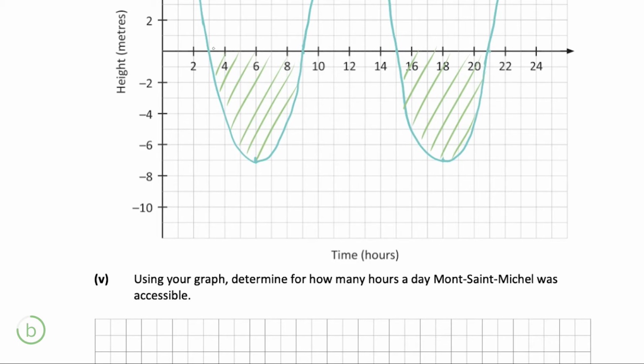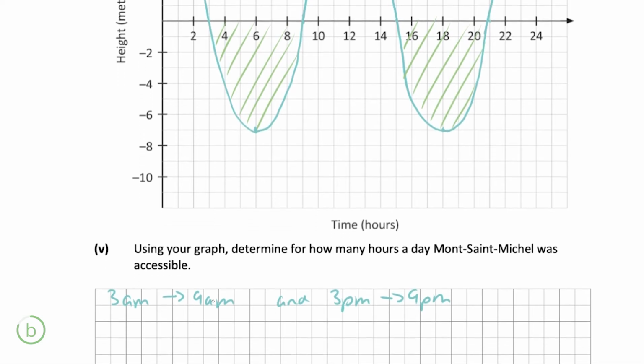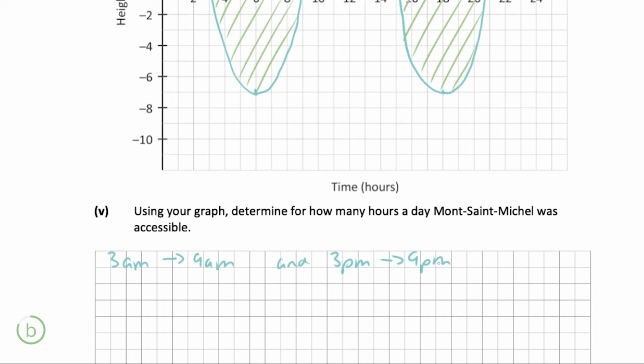So we can see from our graph that it'd be 3 a.m. until 9 a.m. and also 3 p.m. until 9 p.m. So the difference in that is 6 hours plus 6 hours, which means it would have been accessible for 12 hours a day.